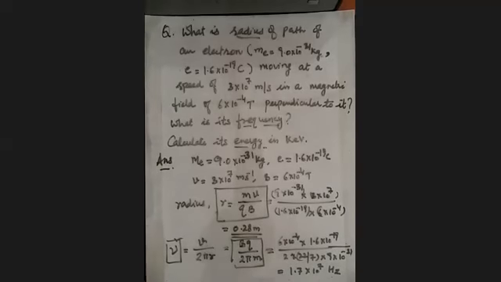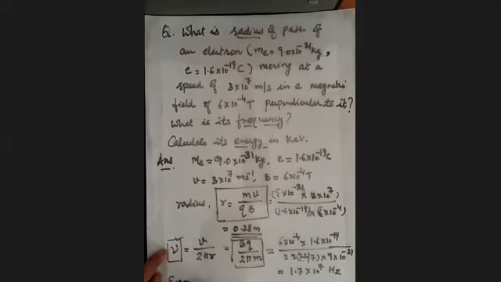Now the last part is the energy. So what is energy? Energy is basically kinetic energy. So we write down E_K, that is the kinetic energy. The expression is half mv².